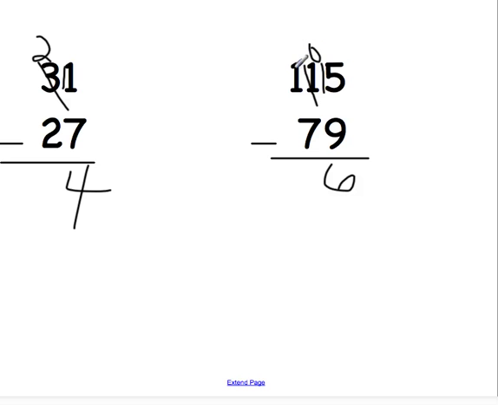But I have 1 left in the hundreds place, so I can take that 1 and bring it over here, which becomes my 1 that I borrowed. And this now becomes nothing. 10 take away 7 is 3. My answer is 36.